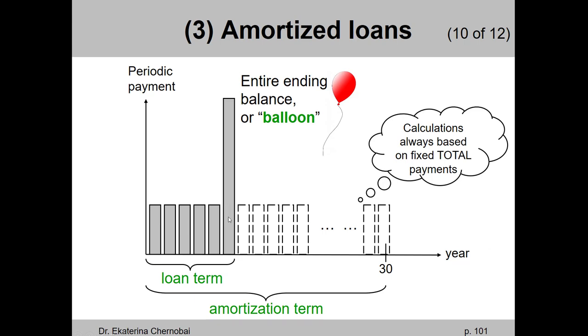So there is an amortization term which is used to calculate the required payment over 30 years or whatever the loan term is. But the actual loan term here is much shorter, and the last payment is much larger than all payments that have been made so far. So that's the balloon payment.